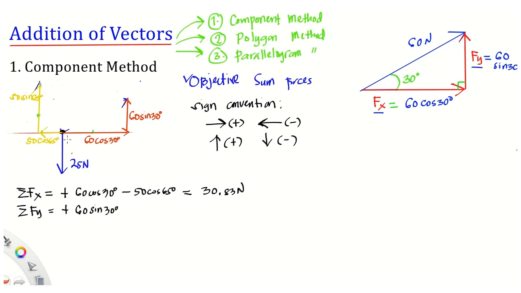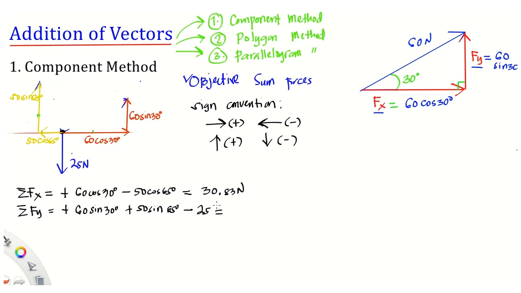Then this one also is acting upwards, so therefore plus 50 sine 65. Then the 25 is acting downwards, therefore it should be negative according to the sign convention. So negative 25, no more multiplier.